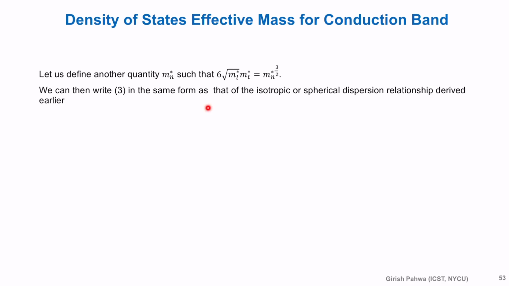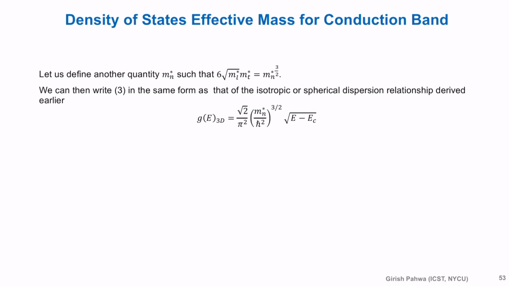Now this equation will have the same form as you had for the spherical case, but you have replaced your 6 √(m_l* m_t*) with one single mass. That's also an effective mass, but it is called the density of states effective mass, a new quantity we defined. So it is as if you have 6 ellipsoids, and of course they are ellipsoids, but you still want to combine all of that into one spherical shell.